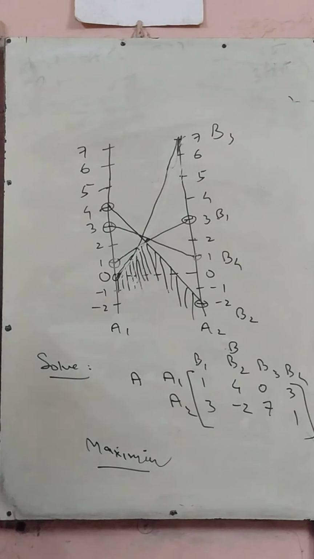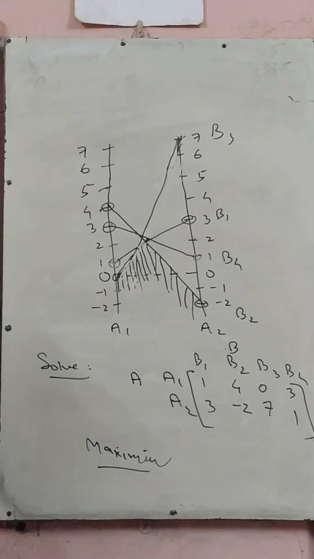And what is that point? The common region, not a common point. This region is the common region, and its highest point is the maximum of the minimum portion. What is that point? This line B1 and this line B2.